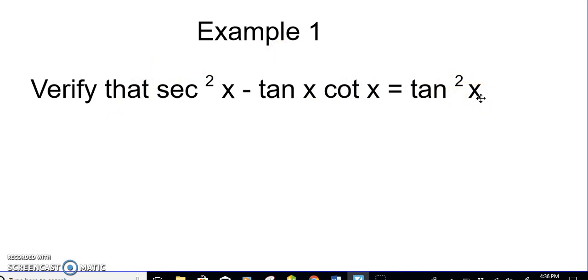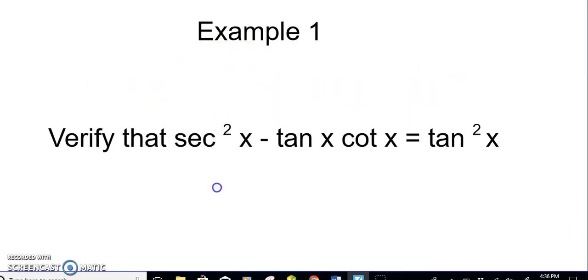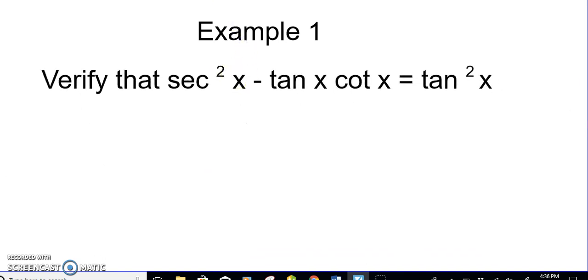Now, we have a bunch of trig identities that we need to know. But here's one thing. We know we need to get to tan squared, and we have a secant squared x. Isn't there a trig identity that deals with secant squared and tan squared? There's a Pythagorean identity that has that in there.